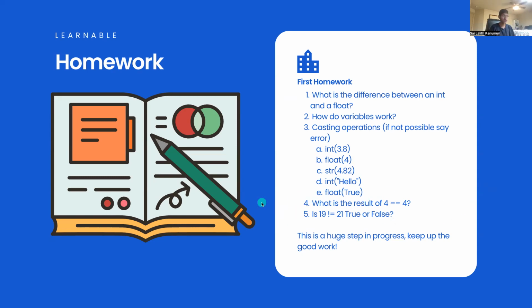And is 19 not equal to 21? Okay. 19 is not equal to 21, but there are people who think it is, and they're wrong, right? Because they're two different numbers. So not equal to and equal to, remember those.